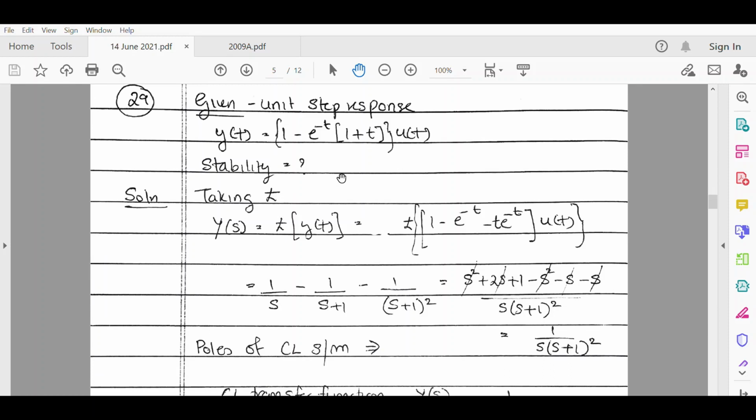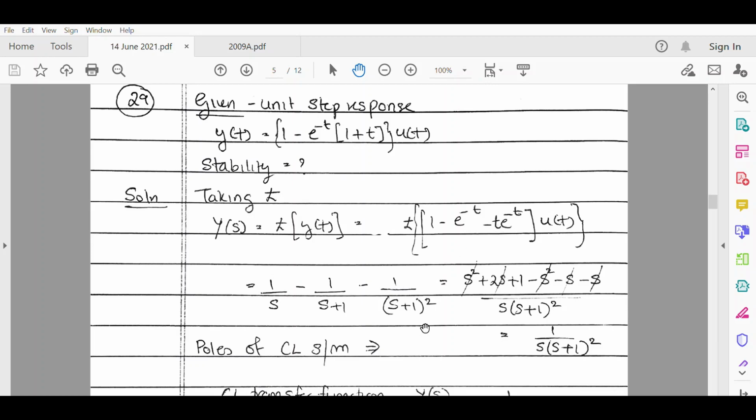Now to solve this question, first let us take the Laplace transform of the output, that is denoted as y of s, and when we take the Laplace transform, the u of t gets multiplied inside, and this 1 gets replaced as 1 by s, and e to the power minus t is 1 divided by s plus 1, and t into e to the power minus t is 1 divided by s plus 1 the whole square.